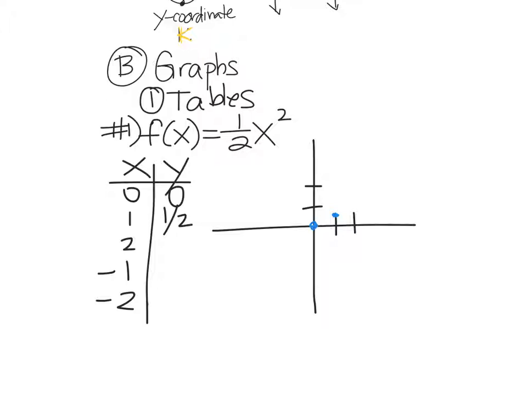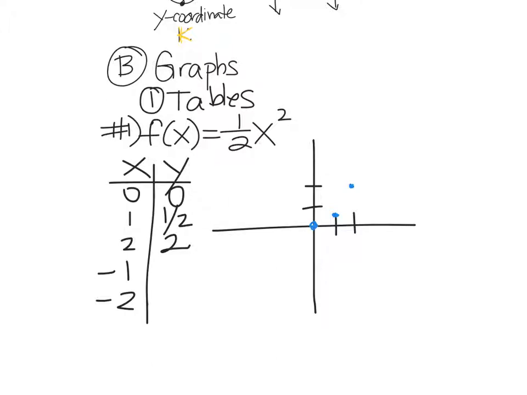Now let's plug in 2. Don't do 1/2 times 2. Do 2 squared first, right? You see what we're doing? 2 goes in for x. You square the 2, which is 4. And what's half of 4? 2. So let's plot that point (2, 2). Do you see how it didn't follow a line? It's not linear.